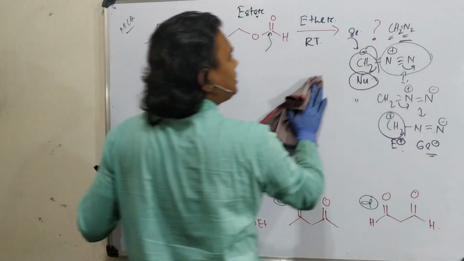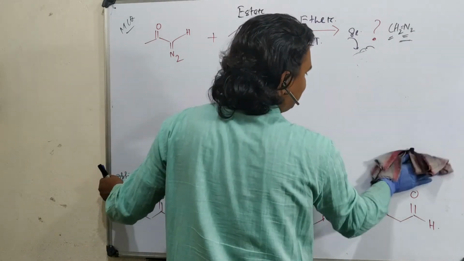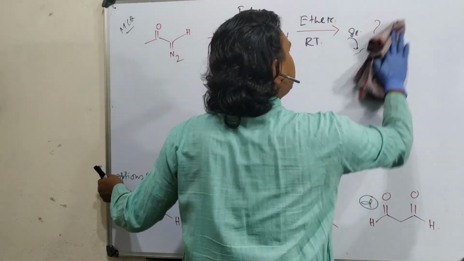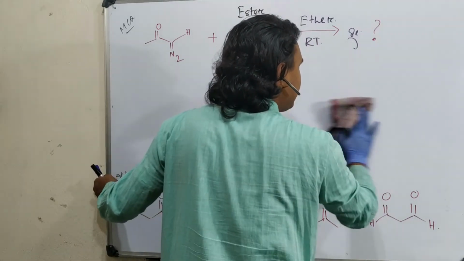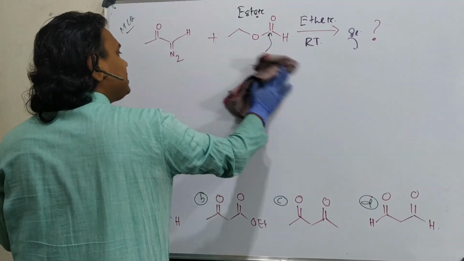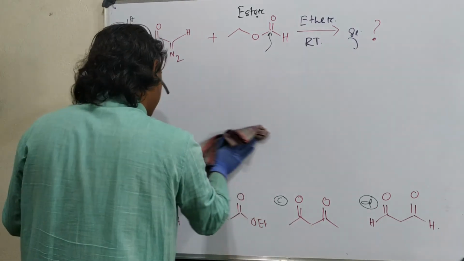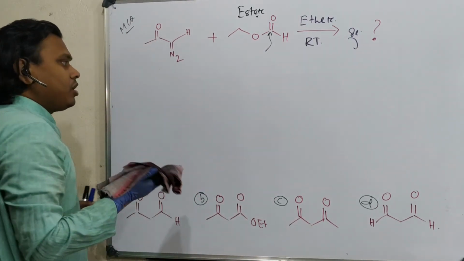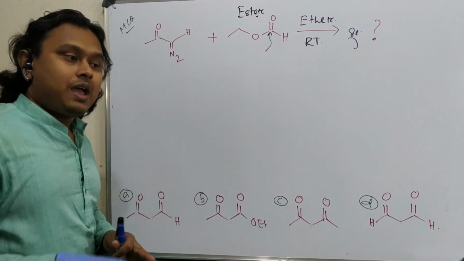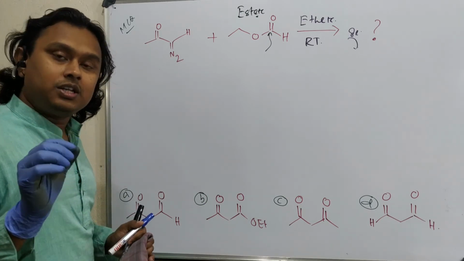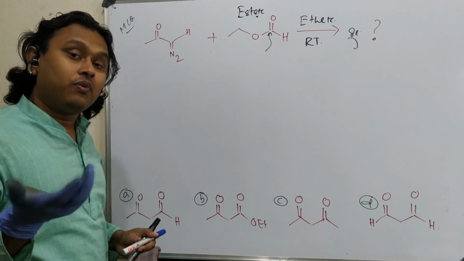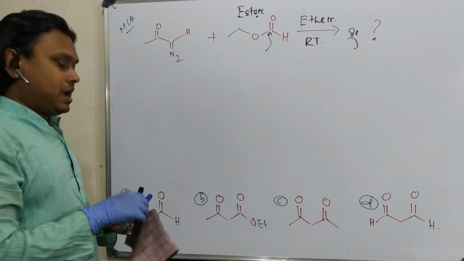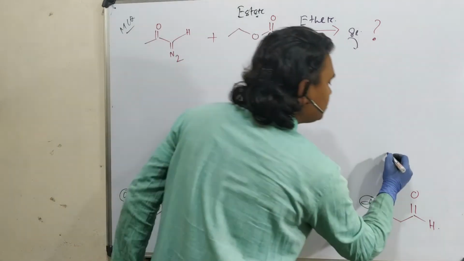And remember, student, diazomethane is a dangerous compound. Why? Because during the reaction it produces nitrogen gas. I shall show that during the mechanism, you can understand. That can often result in explosion. So while you are working in your laboratory, always follow the safety precautions, and please be careful while dealing with diazomethane, and read properly before heating the diazo compound, because nitrogen is produced in this reaction.